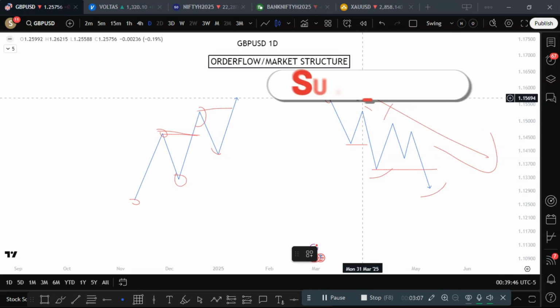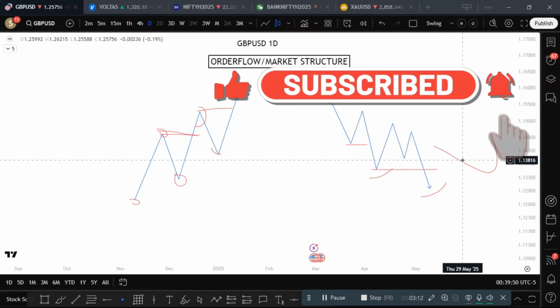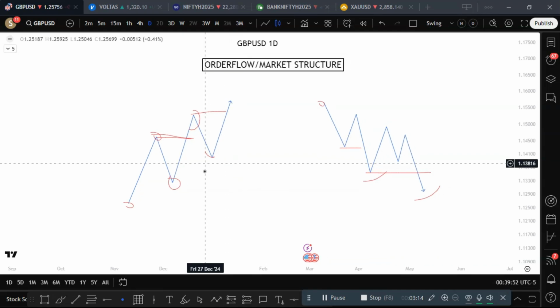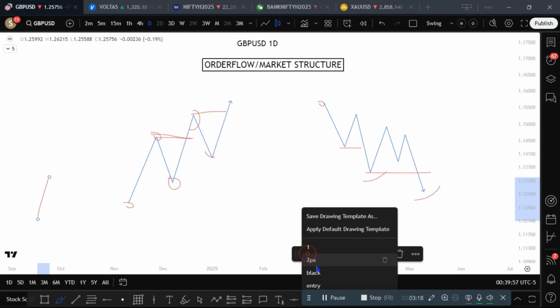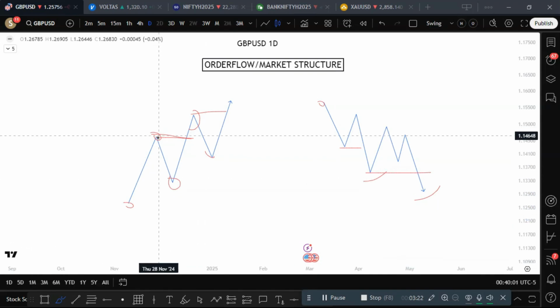So this is like price move. So let's understand order flow. So basically when price goes up, it take pullback, also we call it retracement.